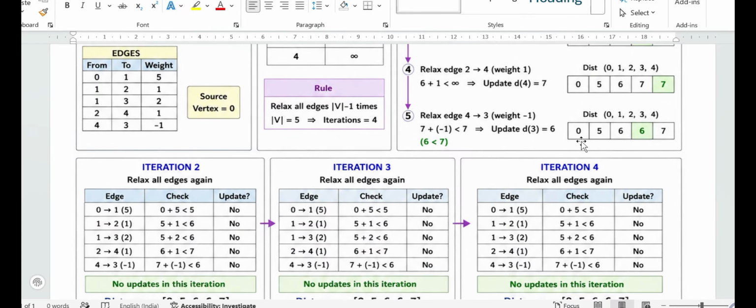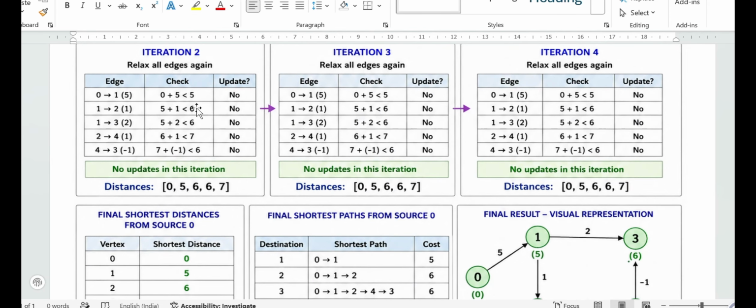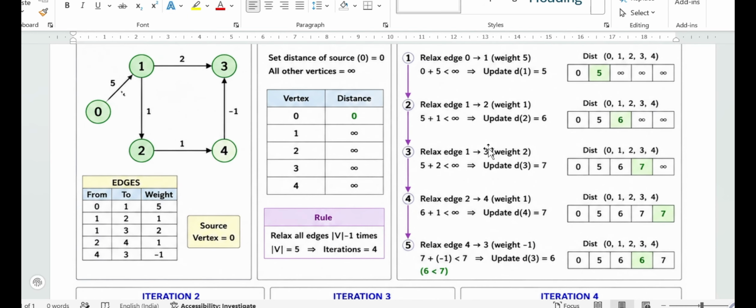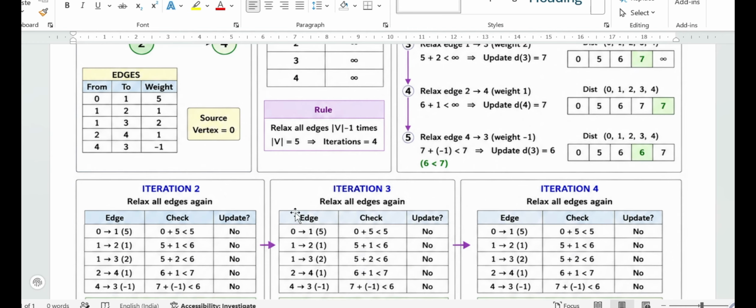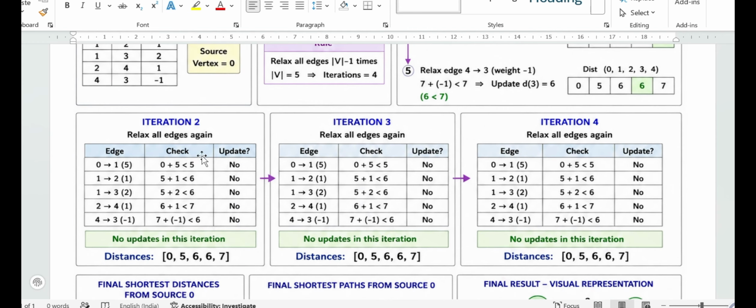Okay. This is iteration 2, but here there is no updation in the iteration. So in this graph, only one iteration is enough, because in further iterations no updation is there. In iteration 2 no updation, so this is the final result, and there is no need to perform iteration 3 and iteration 4 again and again. Then we consider this the final result.